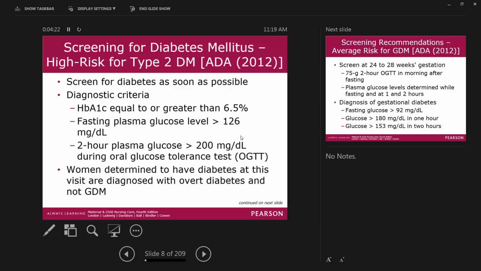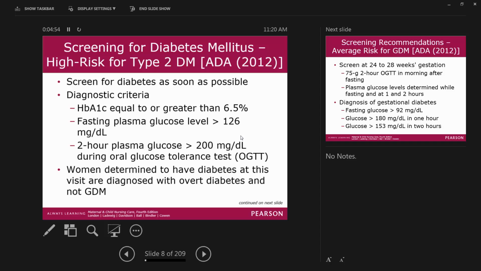All right, so when we have women that are high risk for overt diabetes, we want to start their screening as soon as possible in their pregnancy. When we do the A1C or fasting blood sugars, if their A1C is greater than 6.5, or fasting blood sugar greater than 126, then they just get diagnosed with overt diabetes.